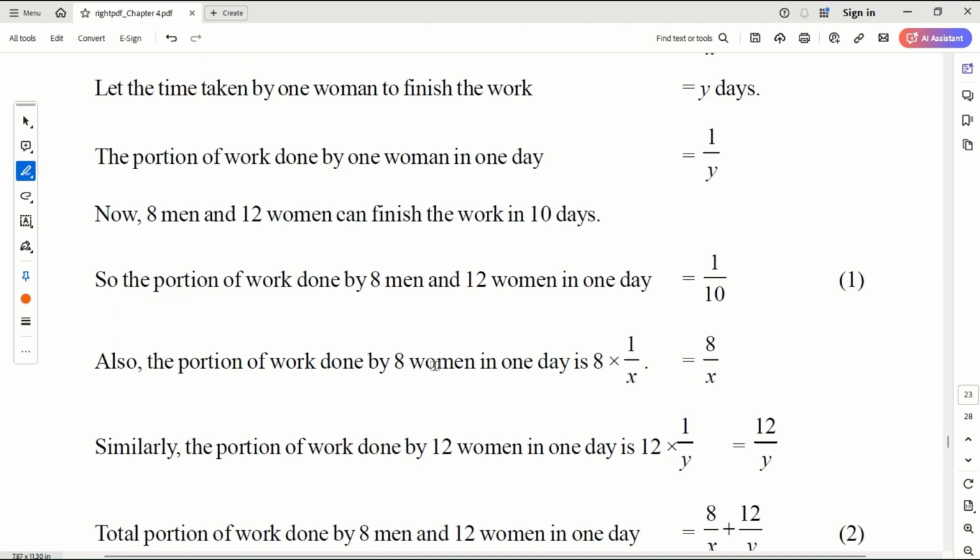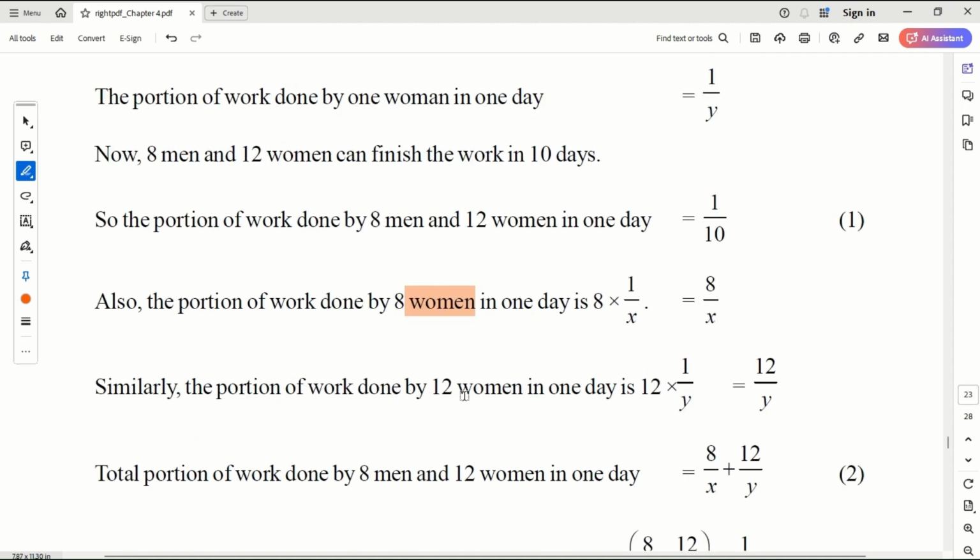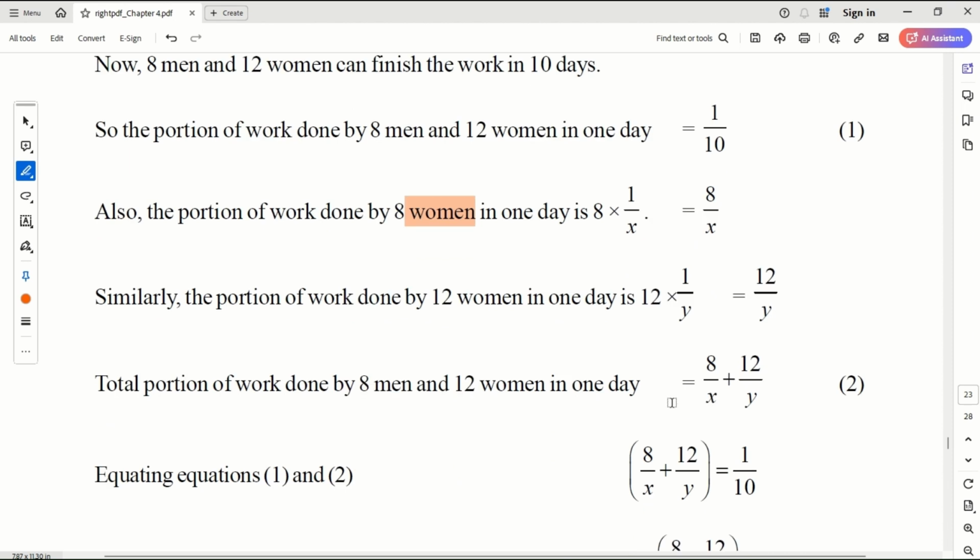Sorry, this is 8 men actually, right? Okay, 8 men in one day can finish 8 by x. Similarly, the portion done by 12 women in one day is 12 by y. So 8 by x plus 12 by y is the total work they can do in one day combinedly, which is equal to 1 by 10.